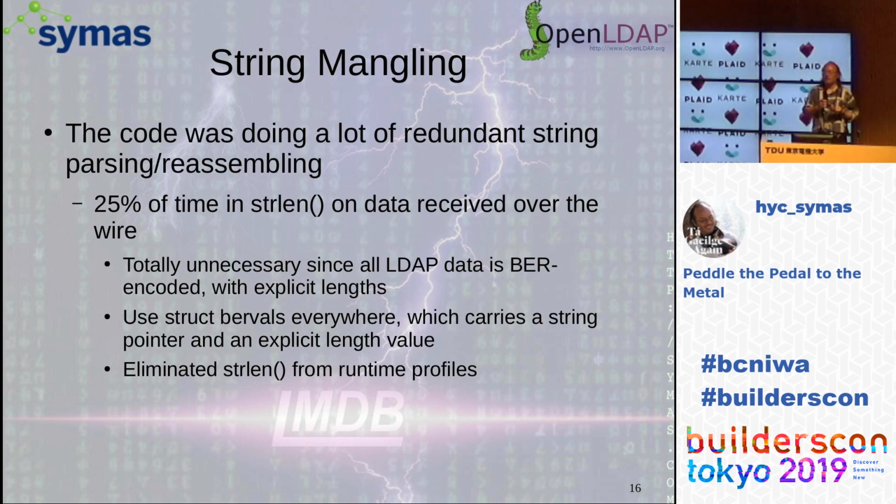And so our libraries were discarding useful information that we had to recompute just to perform the work. So one of the first things that we did was a complete top-down overhaul of all the string functions. Wherever we were using a bare C string, a char star, we replaced it with a structure that includes the length with the string pointer.